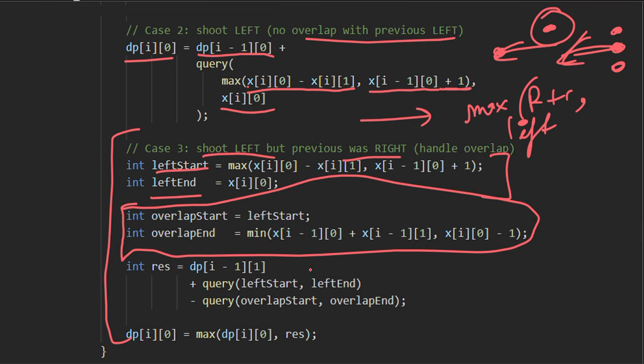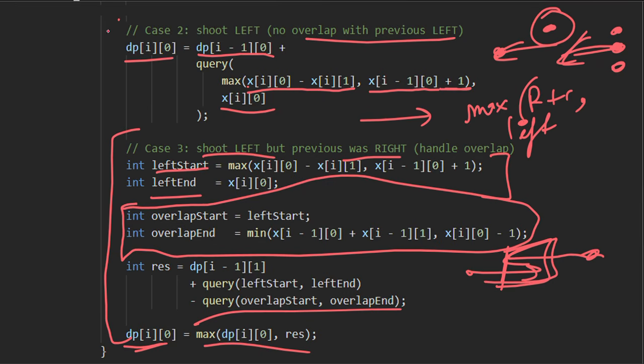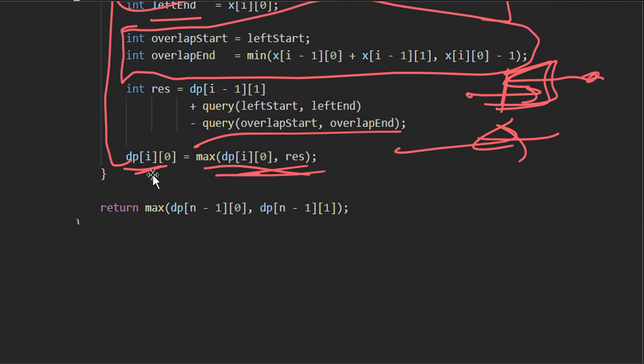Then the result will be the right value of the previous, plus the number of volts in the current, minus the overlapping volts. And then at the end we store the maximum of this case or the other case for the left side of the current robot. And at the end we return the maximum answer of the last robot.